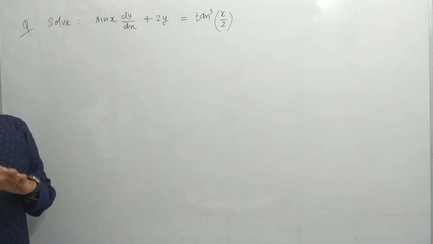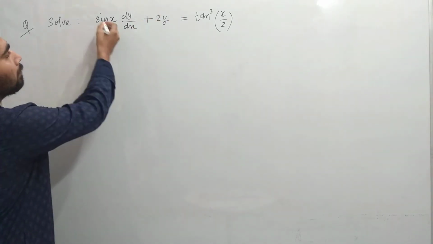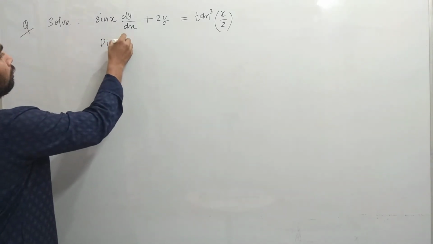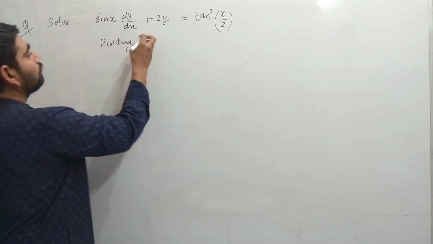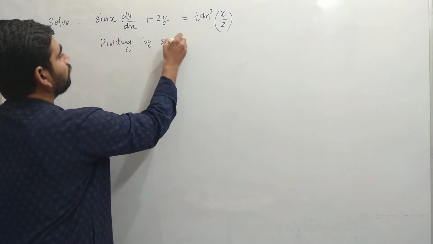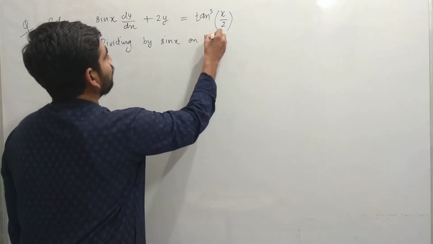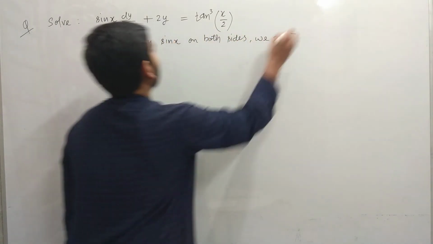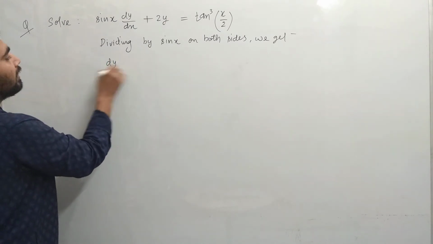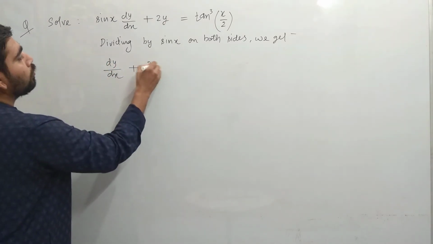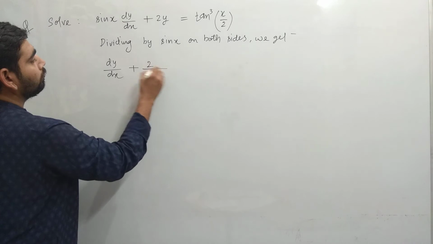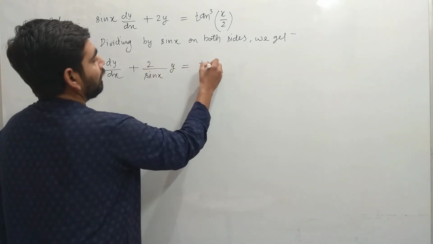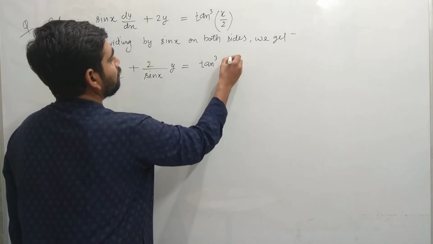It can be put into the standard form by dividing by sin x on both sides. We get dy by dx plus 2 upon sin x y equals tan cube x upon 2 upon sin x.